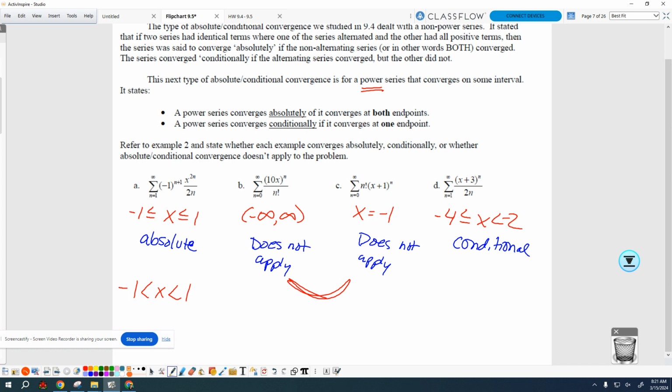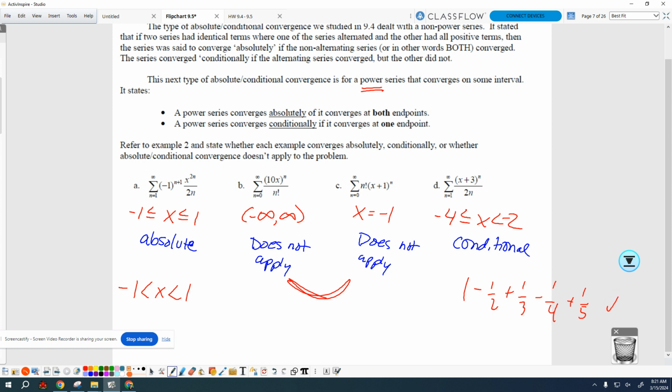But on the other ones, you need to say it. This comes up on the multiple choice a lot. Which ones converge conditionally? If it's just a list of numbers, this thing only converges because it alternates. There was a condition that had to be true.